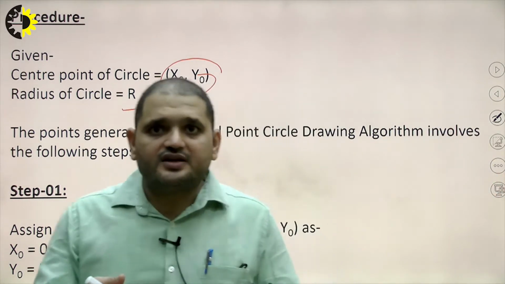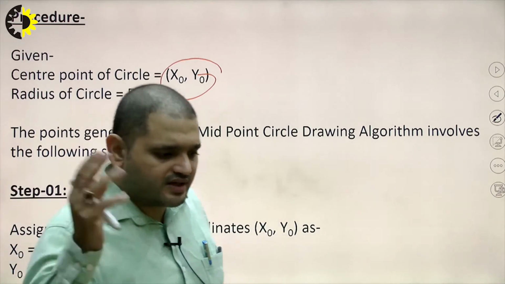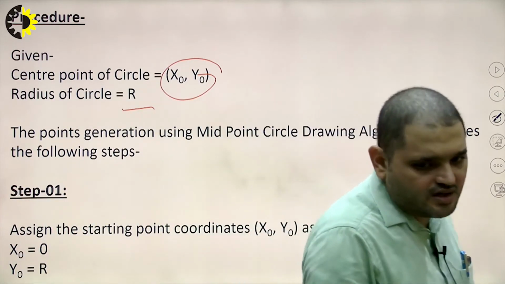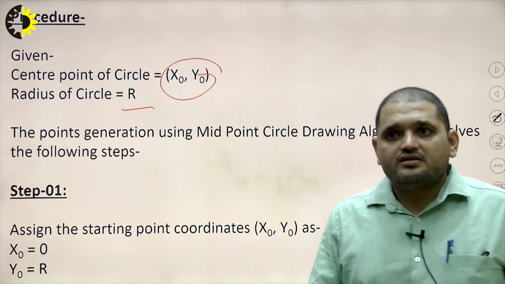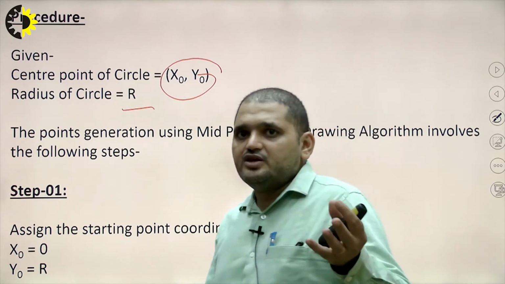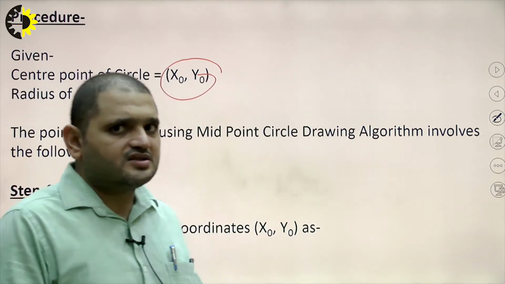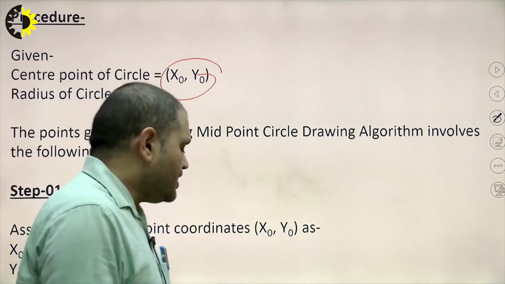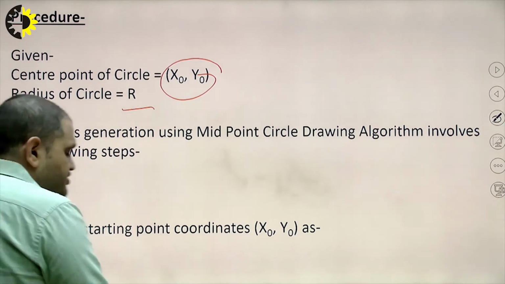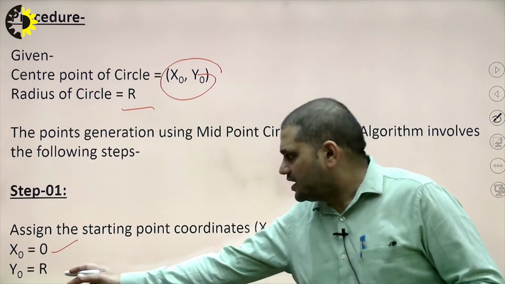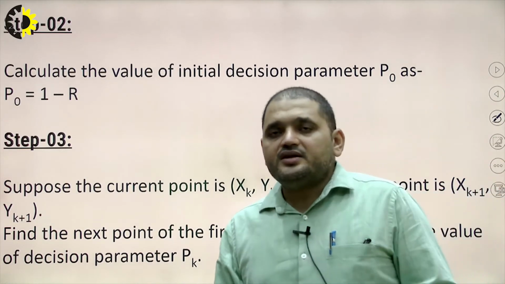If the value of the center is given, like in Bresenham's, then we can add the value of the center to the respective intermediate points which we find out, and we can find out the plotting values of x and y. As we have done in Bresenham's, the same we will do here, just the algorithm is different, other things are the same. So we are taking x0 equals 0 and y0 equals r.